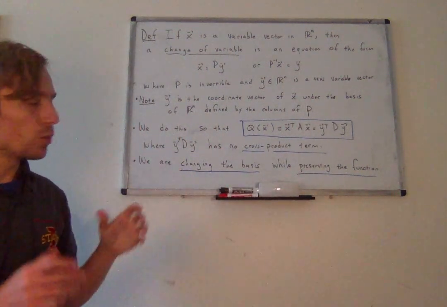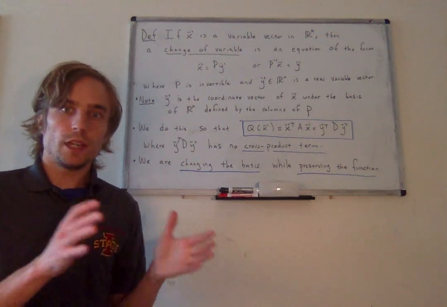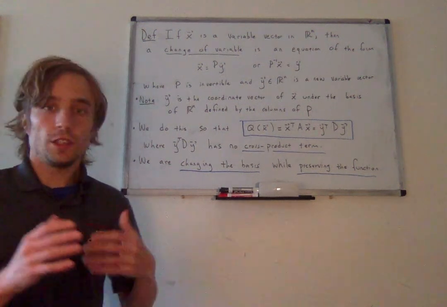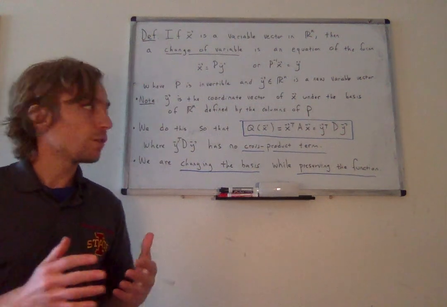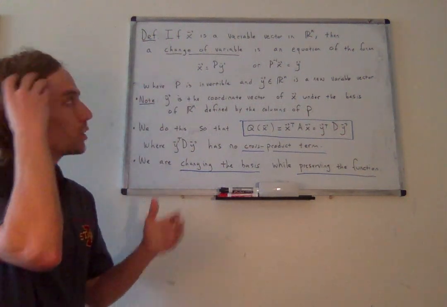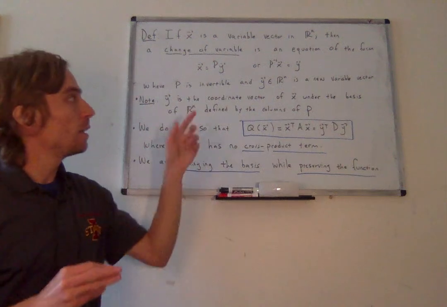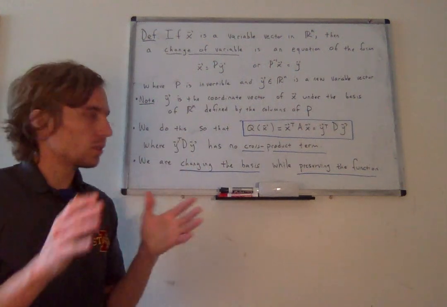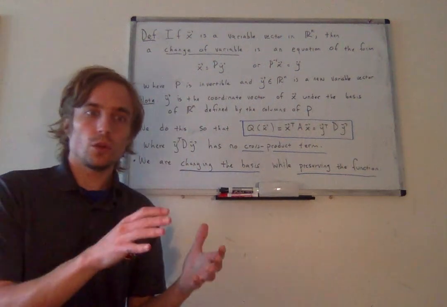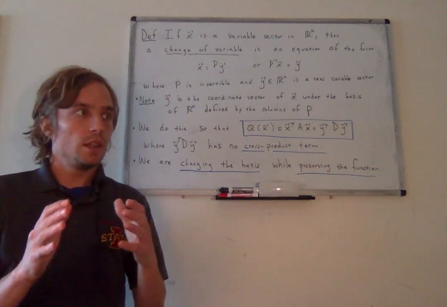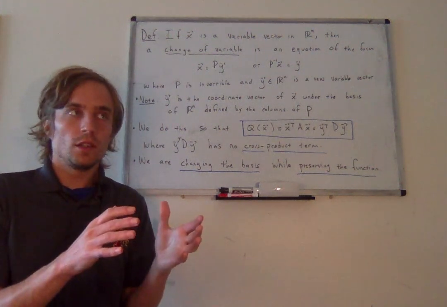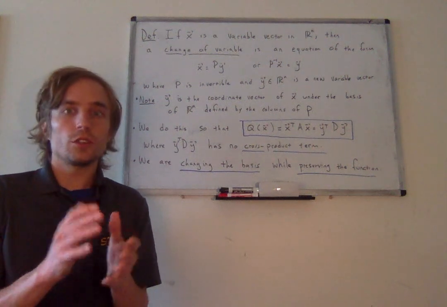So basically we're performing a change of variable, or if you prefer, a change of basis, so that we can look at our quadratic form in a different way. Remember, when we perform a change of basis with functions, we're looking at the same function, just with the vectors under a different basis.